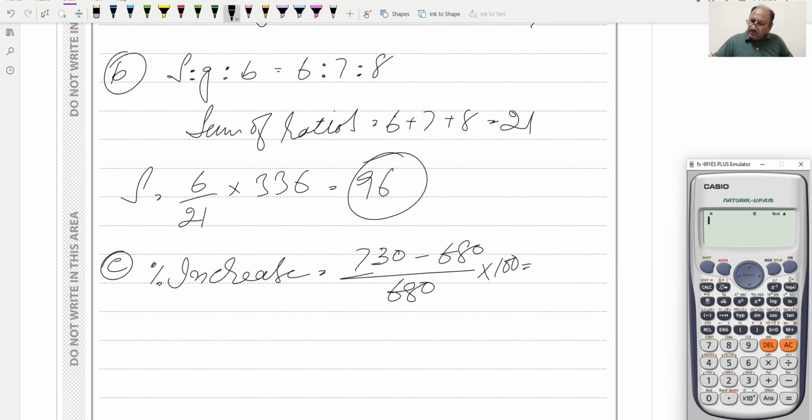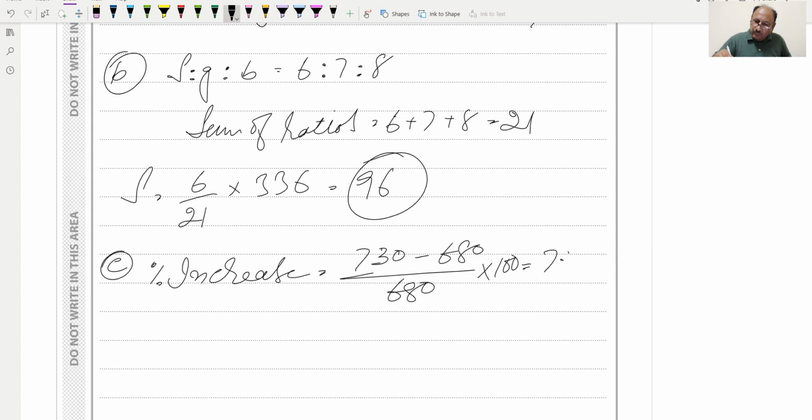So this will be 730 minus 680, over 680, multiplied by 100, which is equal to 7.35. To one decimal place we can write 7.4, and 7.4% will be our final answer for this question.